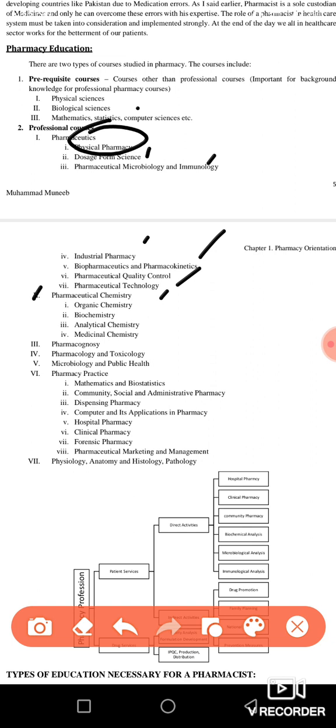Then there is pharmaceutical chemistry, which includes organic chemistry, biochemistry, analytical and medicinal chemistry, then pharmacology and toxicology, microbiology, and pharmaceutical practicals, which include math and biostatistics, criminology, social and administrative pharmacy, dispensing pharmacy, hospital and clinical pharmacy, forensic pharmacy, pharmaceutical marketing, physioanatomy, and histology and pathology. So these are the professional courses.